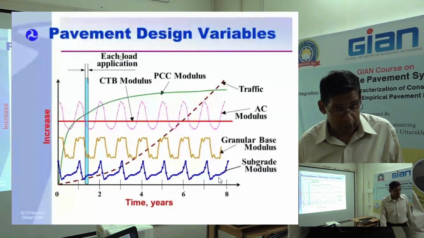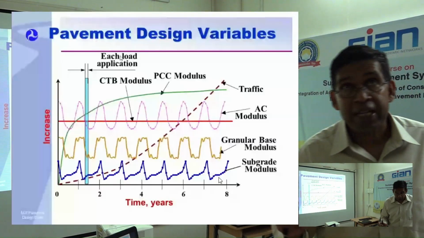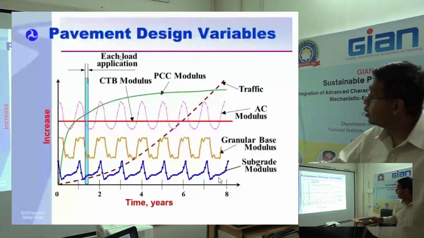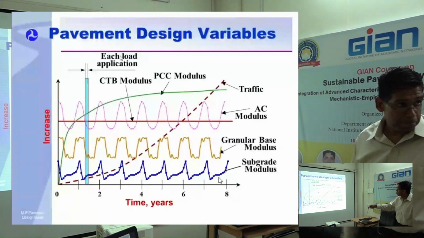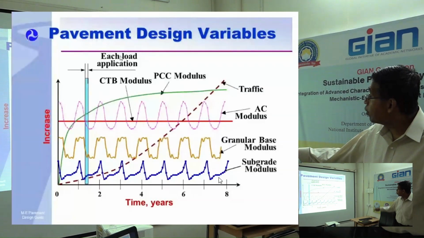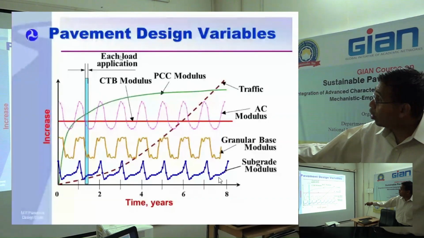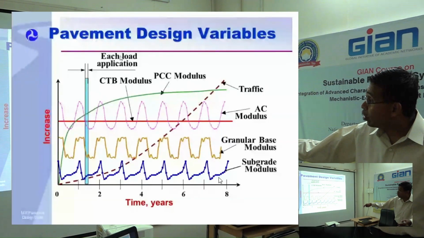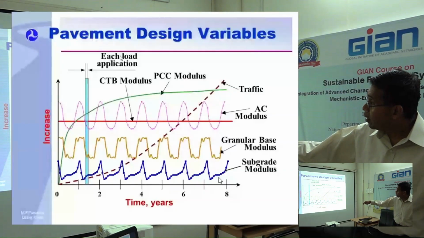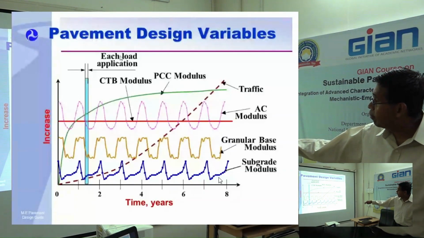Can everybody see what is going on? The subgrade modulus is changing with time with the freezing and thawing. Look at the granular base material. January, February, and because this material is more permeable, the modulus drops, picks up, and you have a cyclic behavior.